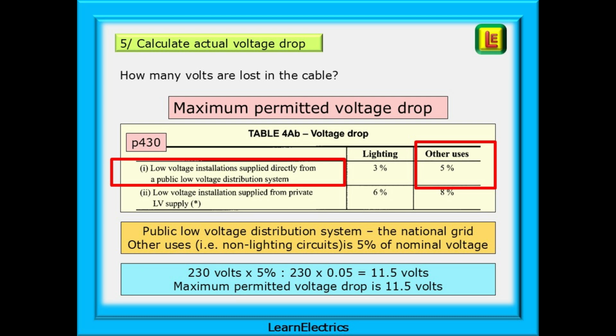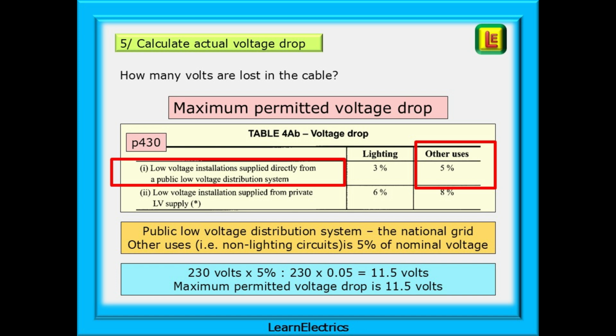Step 5 is calculating the actual voltage drop in the cables. There is a maximum permitted voltage drop, and this is stated in table 4AB on page 430. We should be looking at a public low voltage distribution system, the national grid, and other uses, in other words non-lighting circuits, which is 5% of the nominal voltage.